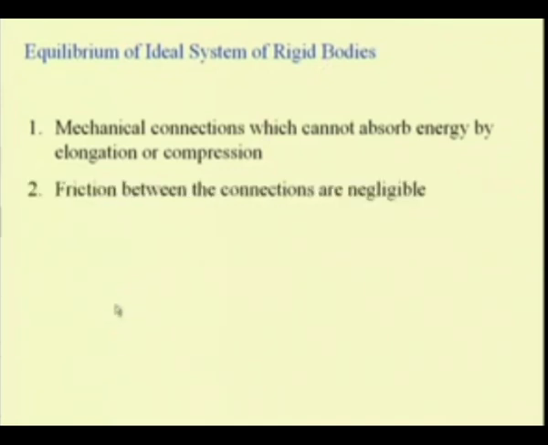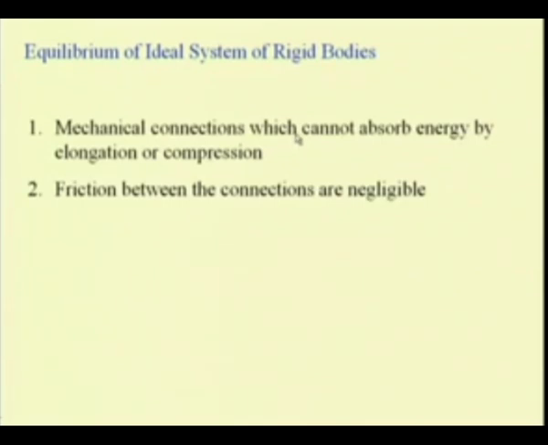The second assumption is that there is no friction between the connections, and if at all it is there, it is a very negligible quantity, because we will see a little later that friction does negative work, and whenever friction is present, the work done by the friction is not available and is normally dissipated as heat or other forms of energy which is not recoverable.